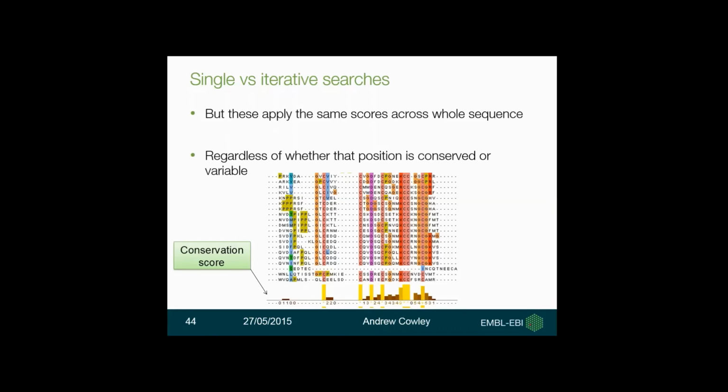The problem with these is that they apply the same scores across the whole of the sequence, regardless of whether that position is conserved or whether it's variable. So here I have a pileup of several different sequences, and we can see that some positions are more conserved than others.